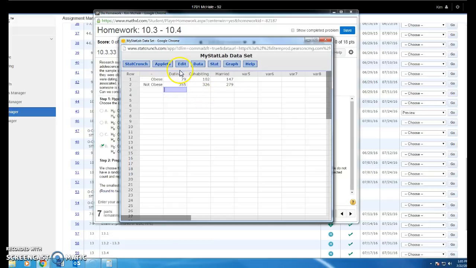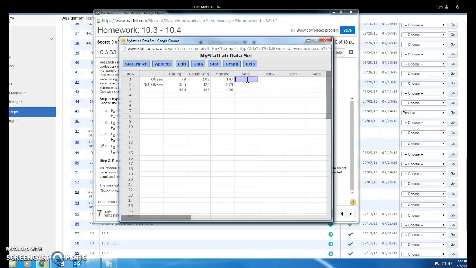I'm going to calculate my column totals and my row totals. So my column total would be 75 plus 355, 79 plus 355, which is 434. 102 plus 326 would be 428, and 147 plus 279 would be 426.